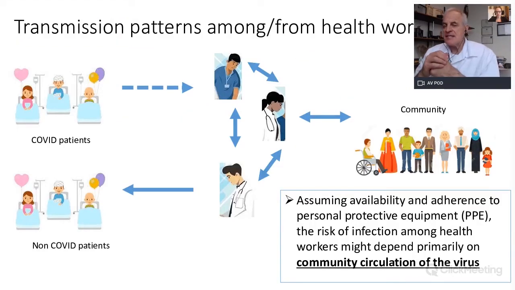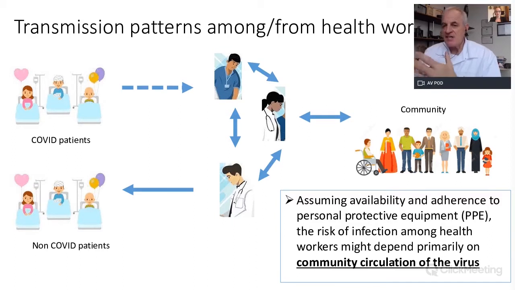The next slide is summarizing for you the issue about transmission patterns among or from healthcare workers. And that's for us very important. You can imagine on the top of the slide, COVID patients that could be in close contact with the healthcare workers, and the healthcare worker could again be in contact with a non-COVID patient.